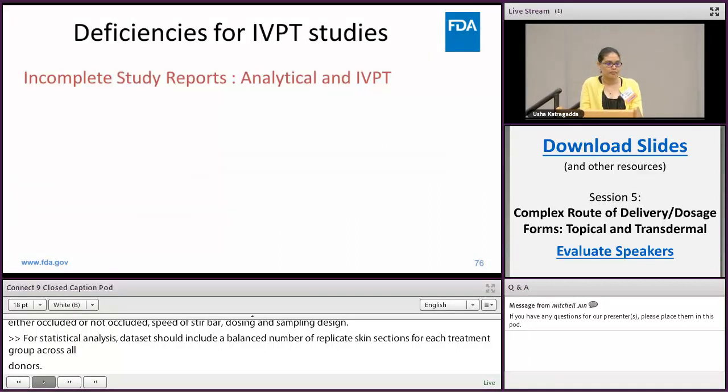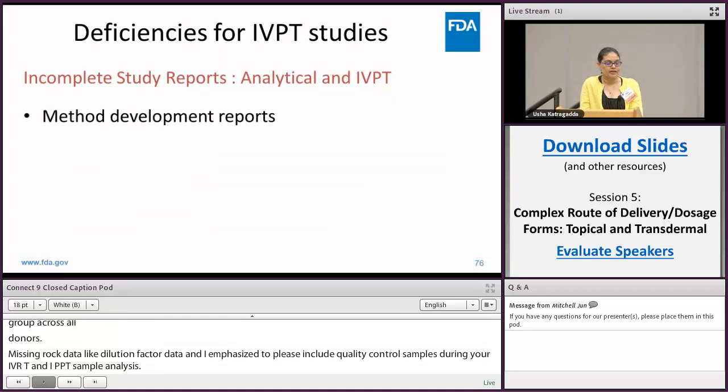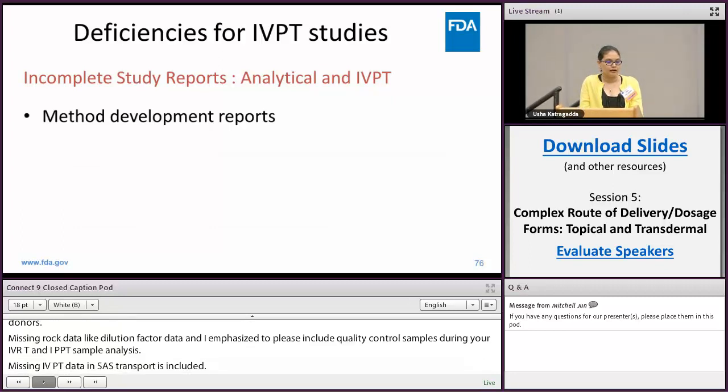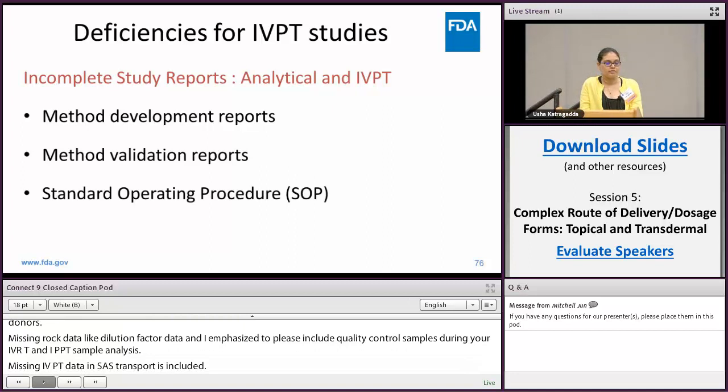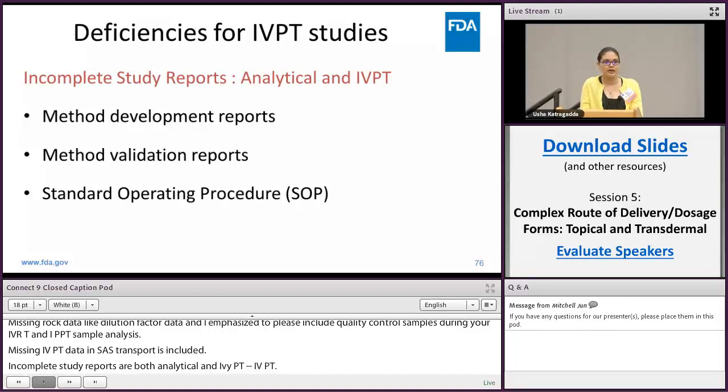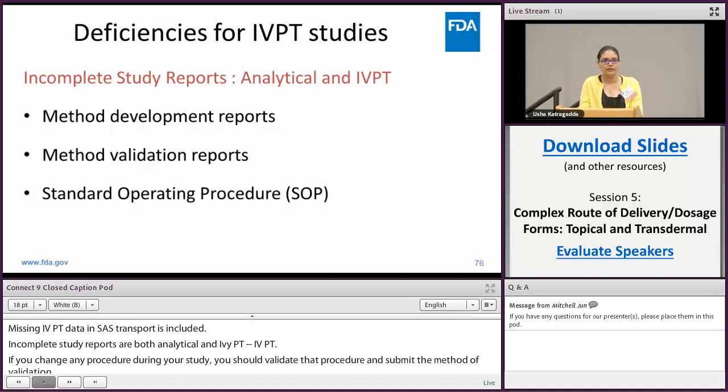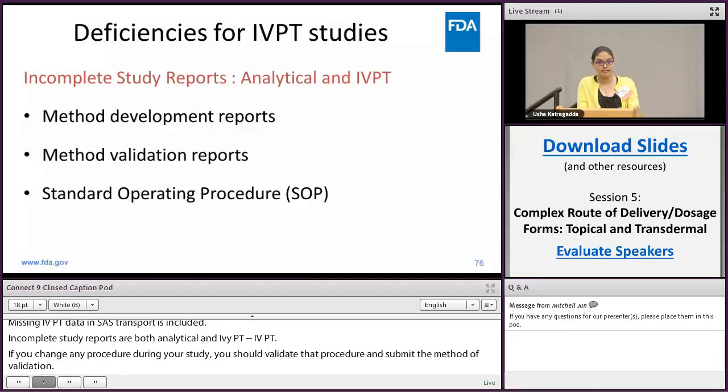Incomplete study reports for both analytical and IVPT. For example, if you change any procedure during your pivotal study, you should validate that procedure and should submit method validation. For example, if you use a membrane instead of skin, you should be able to provide sufficient justification and validation of that method.